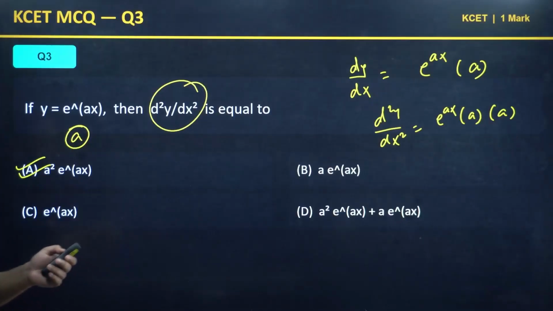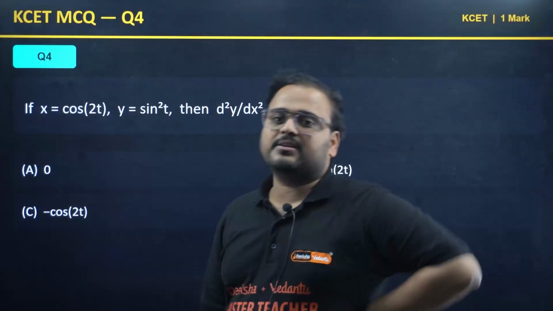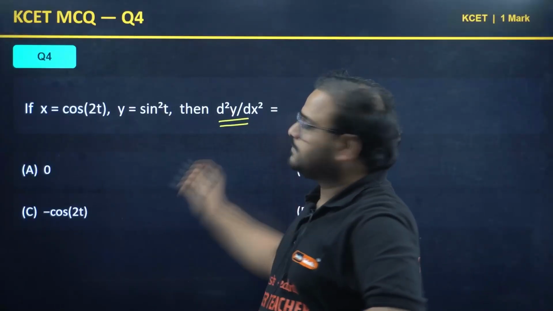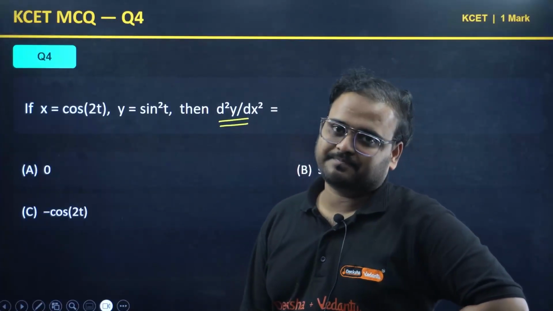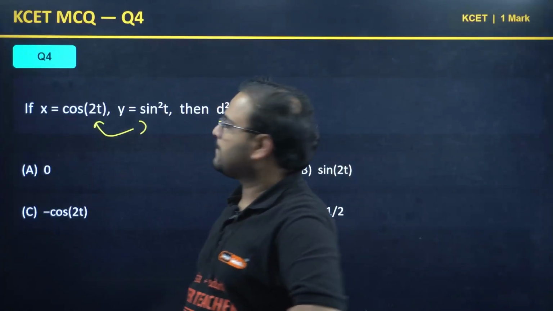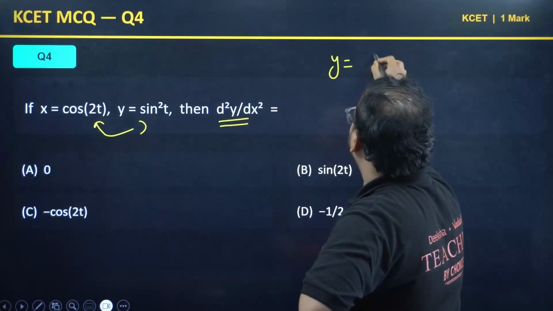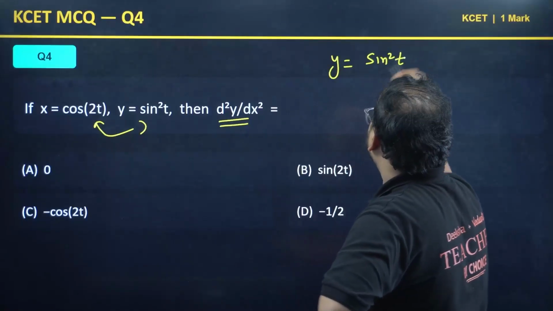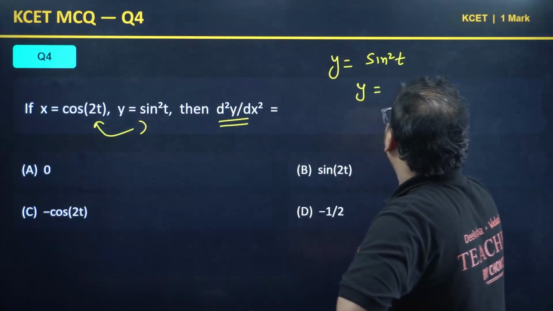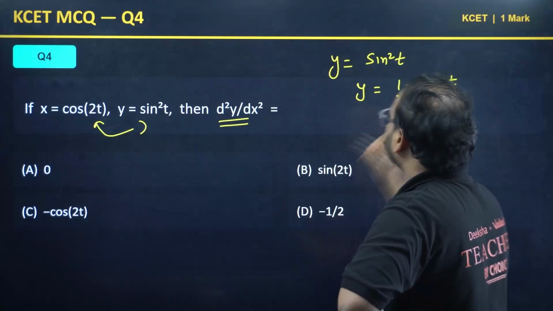This kind of question can be asked in the MCQs of boards, right? Now this one. x is cos t given, y is sin square t. A very good question. What is the answer for this problem? Can you see there's a relation between these two? If y equals sin square t, then y equals (1 minus cos 2t) by 2.